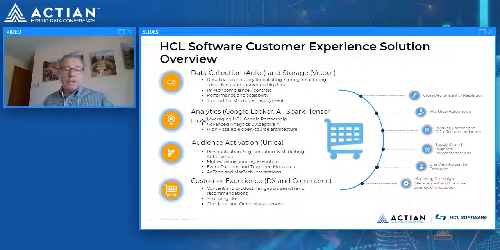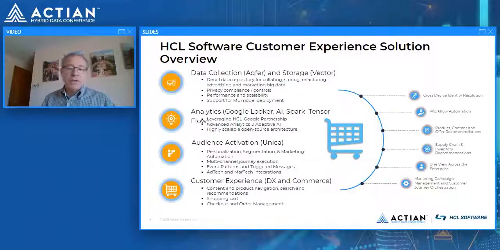So what we did is we worked together between multiple HCL brands such as Unica, Commerce, and DX, and also partnered with companies like Acfer and partnered with Google to deliver a very comprehensive platform with deep functionality in every area of the solution.